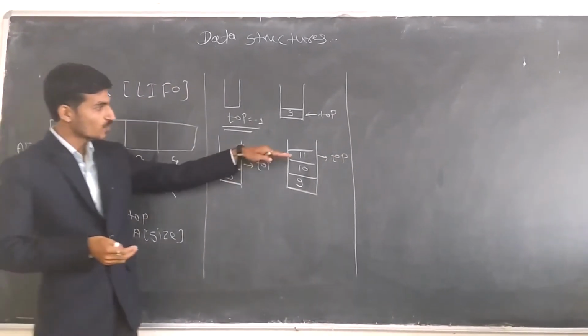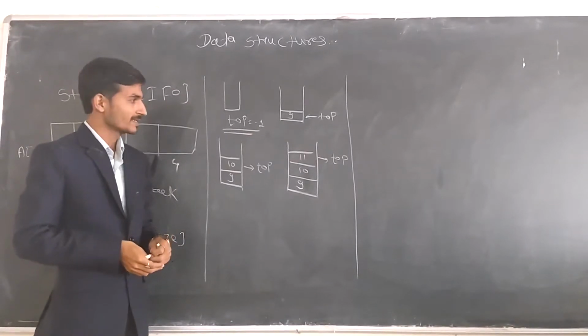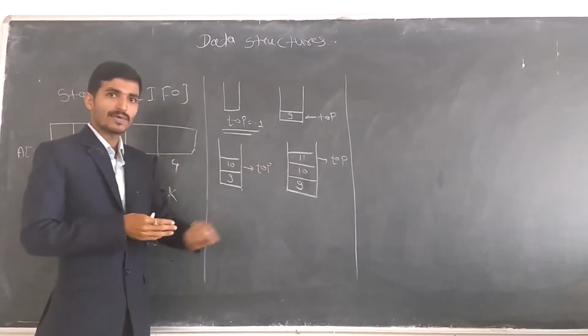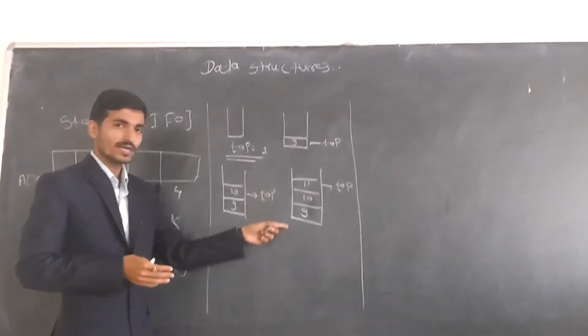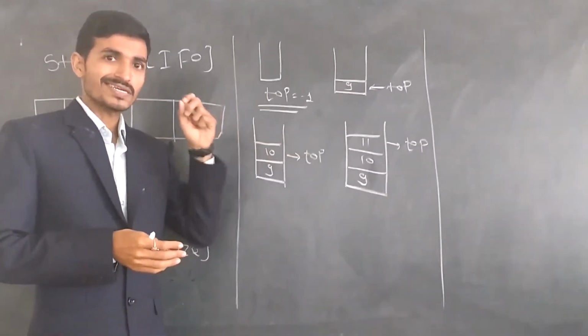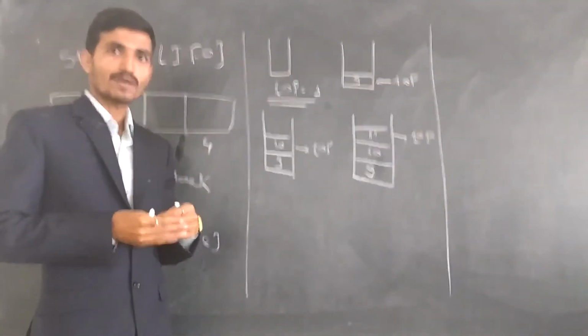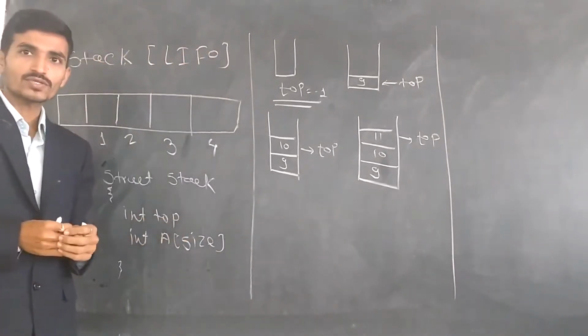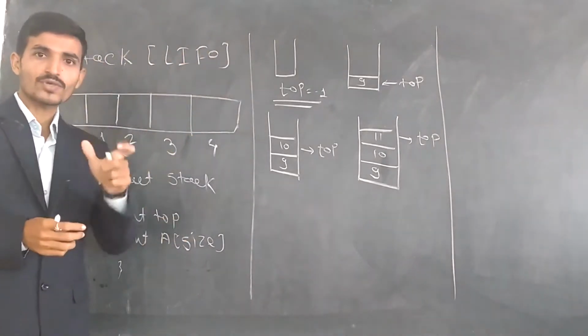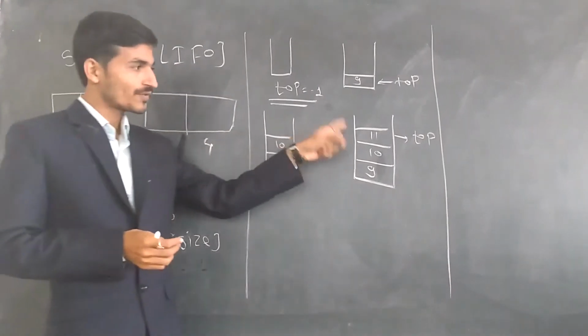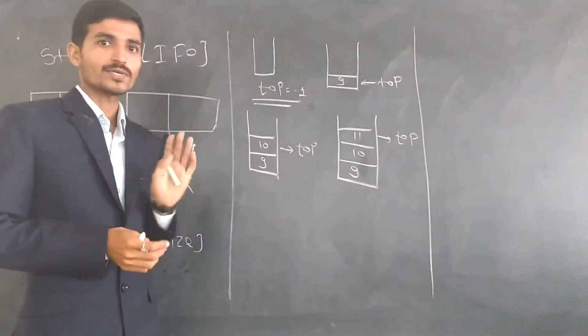Now this top is pointing to the topmost location of the stack. If I remove an element from the stack, I cannot remove any element other than the top element, because the stack is an organization of data where last in first out information is organized. That's why we can remove only the topmost element from the stack.